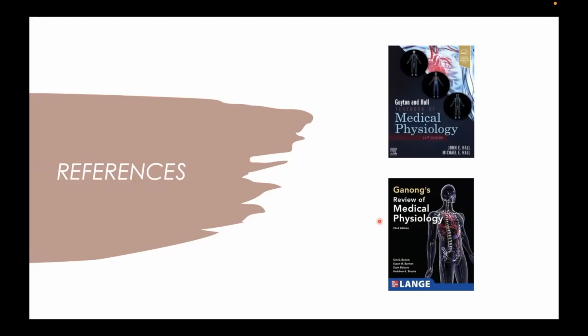And I will be summarizing and adding some excerpts from Ganong's Review of Medical Physiology. So two of the most important and most high yield, yet most challenging textbooks for physiology will be utilized for this module, Guyton and Ganong.